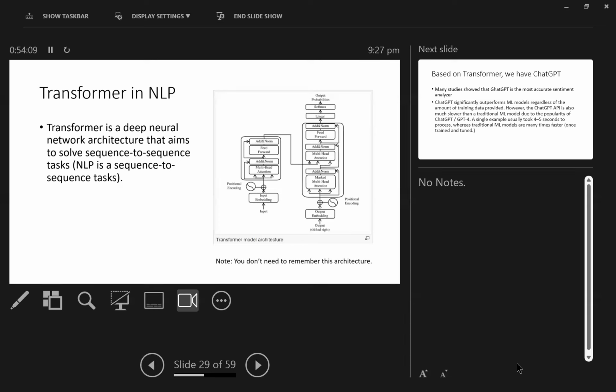You can imagine that each of them will be a lot of neurons working together, very complicated. But this is the kind of breakthrough that you may be interested to know. Two or three or four years ago, we had a transformer architecture that we found is very powerful in understanding natural language processing.